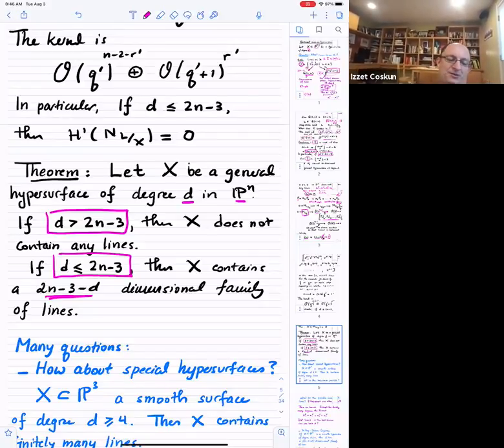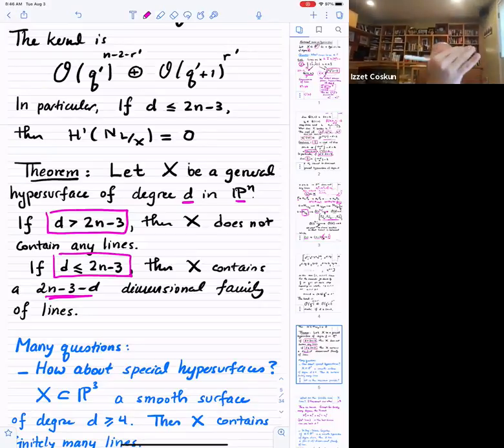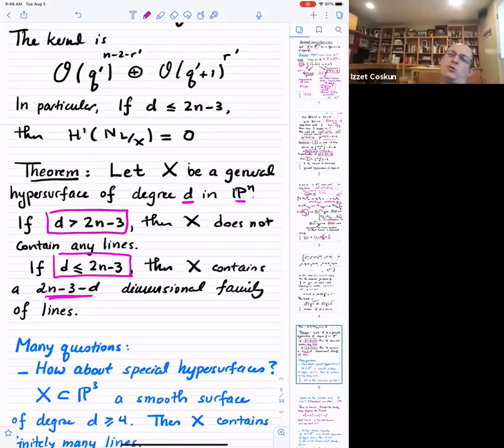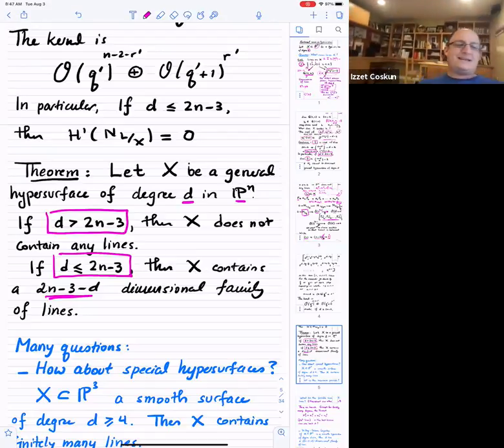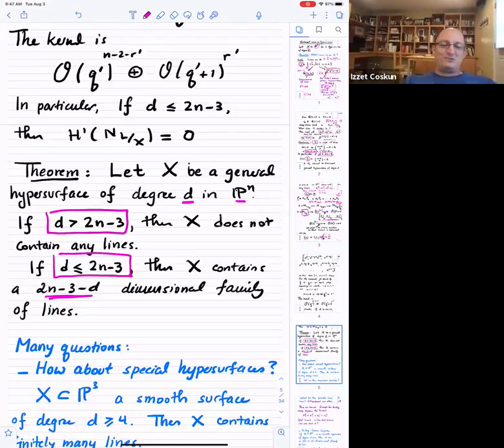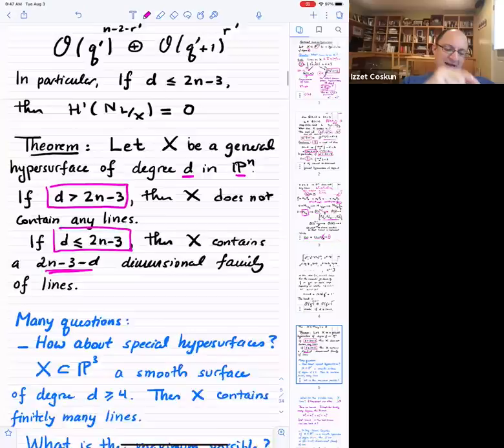So up to degree 2n minus 3, the hypersurfaces all contain lines, and the general one contains the expected dimensional family of lines. Once the degree is bigger, it shouldn't contain any lines. So that's the basic calculation for today that we want to generalize.